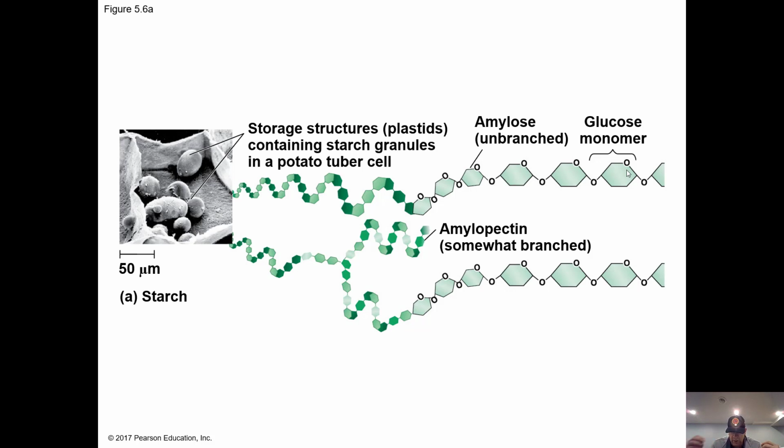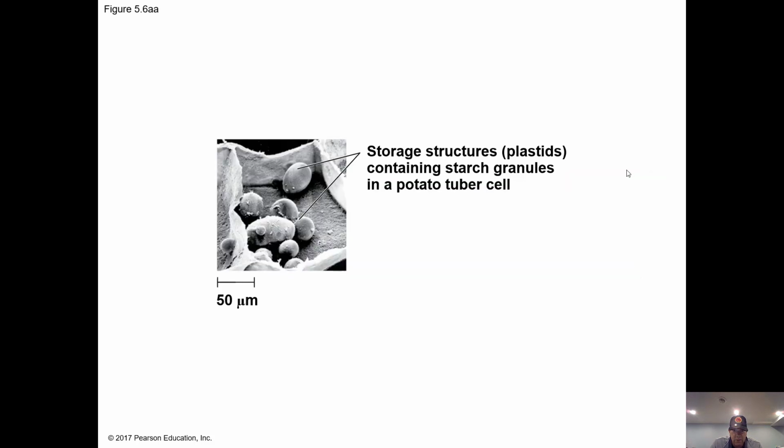If you add some more chains on there, we get something called amylopectin. If people make jelly, you might have heard of pectin. I'm not really sure how that all fits in together, but remember, this is energy storage here. And here's just an electron micrograph showing these membranous structures that have starch in them in a cell.